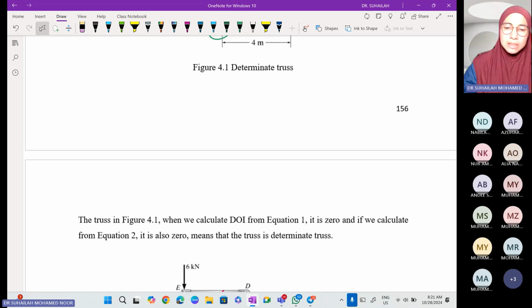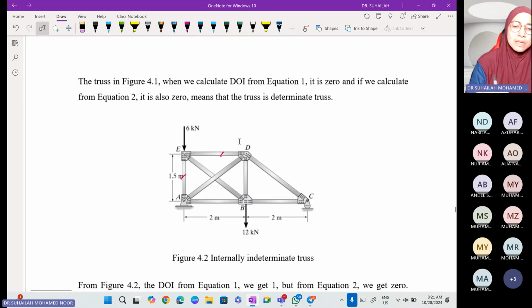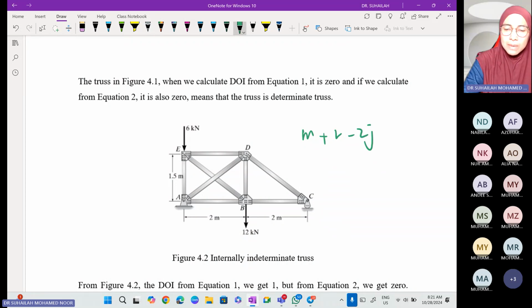Okay, next we move to another example. For this truss, we check the DOI, m plus r minus 2j. We check the members first: 1, 2, 3, 4, 5, 6, 7, 8.